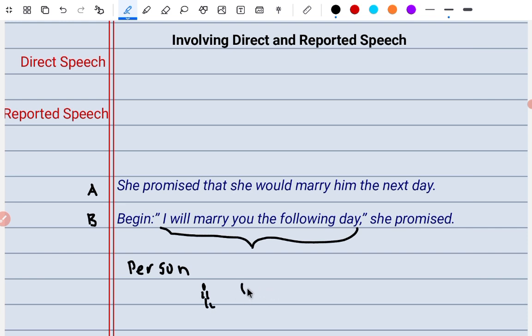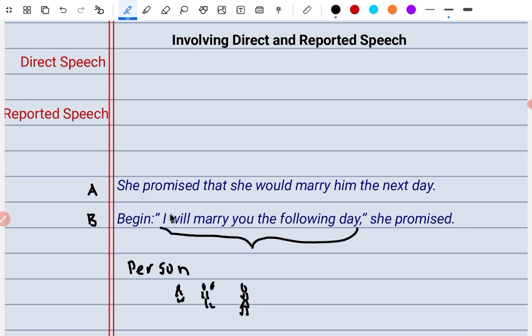Forgive the drawings, just to illustrate a point. So this is the man, this is the woman, and you yourself, let's say you are just standing here. These two are having a conversation.